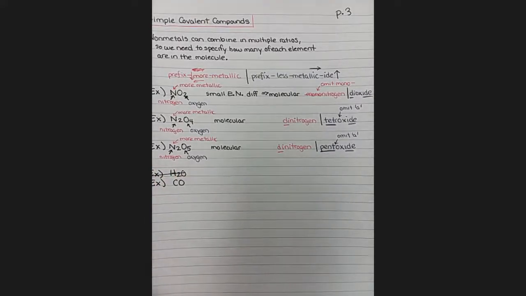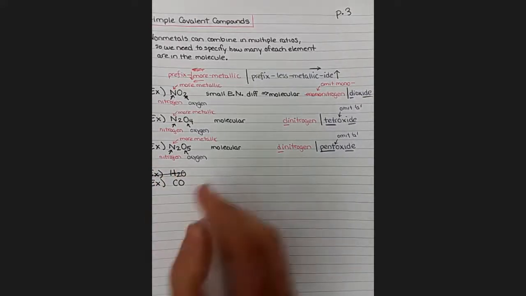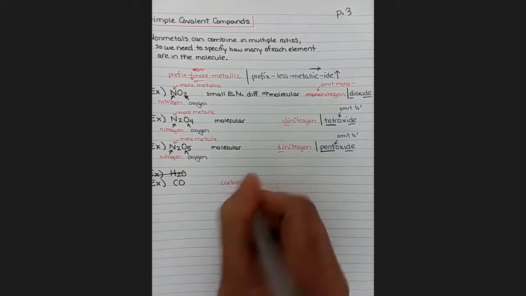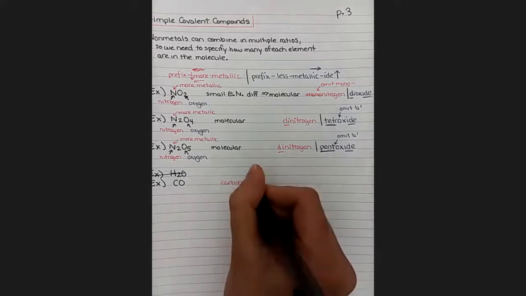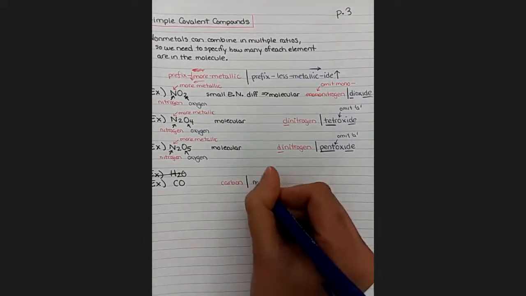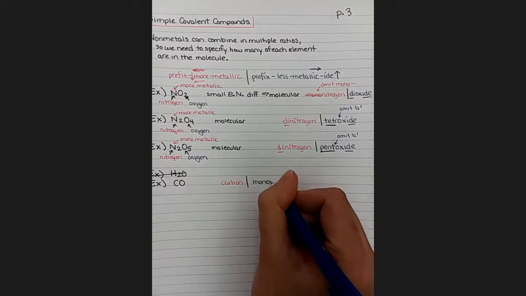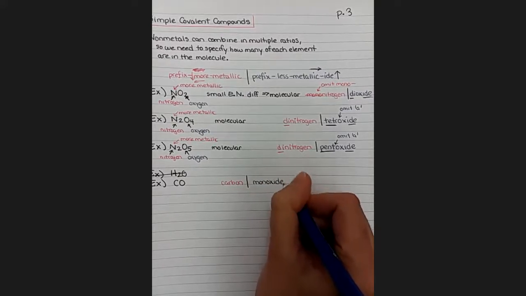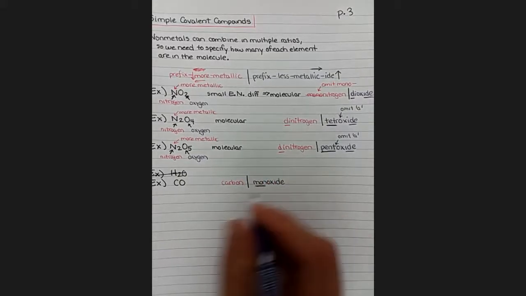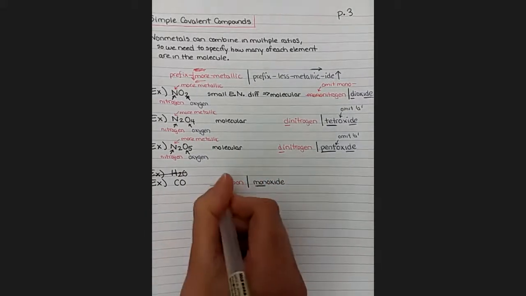It was CO. We all know what that one's called. That one's called carbon monoxide. That's the gas that you probably have a detector for in your bedroom to make sure that you are not poisoned in your sleep. So you can see in this case, the mono prefix is included in the second word, but it isn't included in the first word.